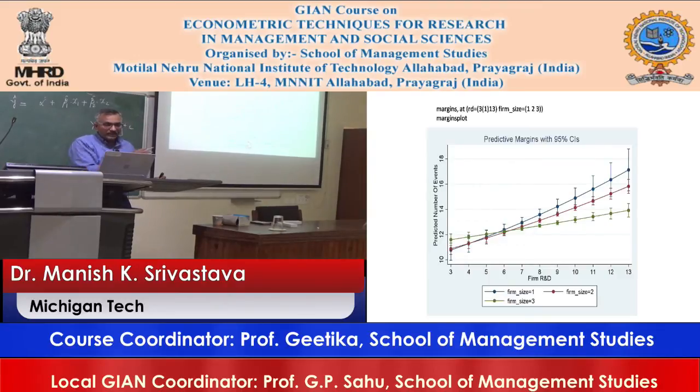Then we have the variable R&D, which is changing from 3 to 13. The R&D here starts from 3 and goes all the way until 13 with an incremental value of 1. So on my axis I should have 3, 4, 5, 6 until I hit 13, which was the maximum in my made up data set.